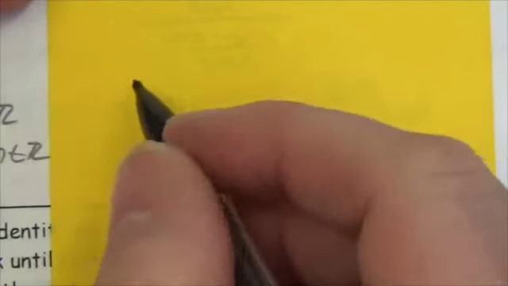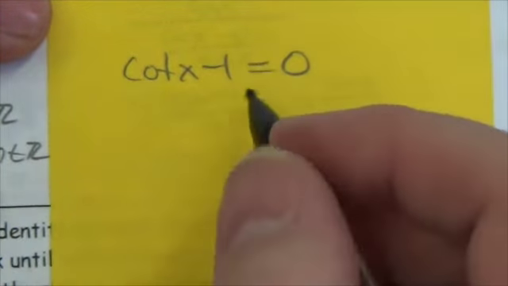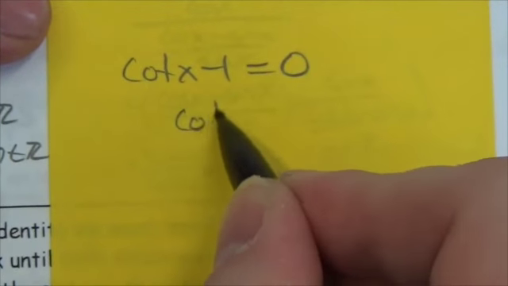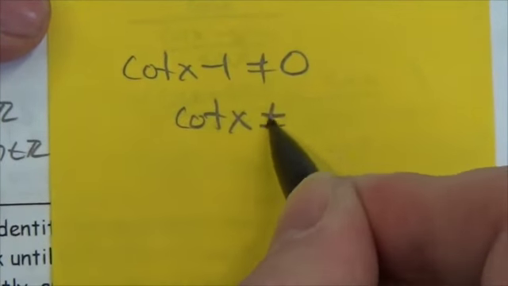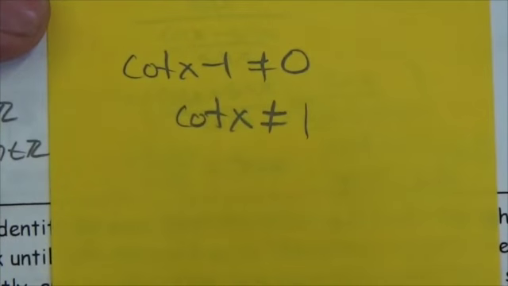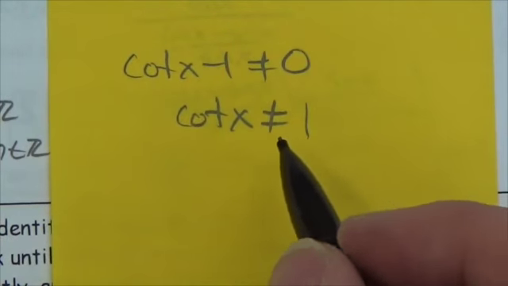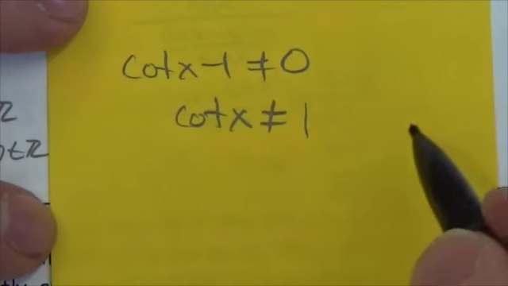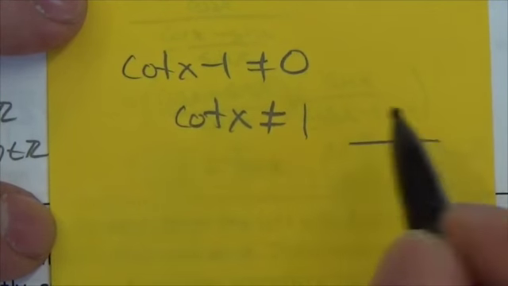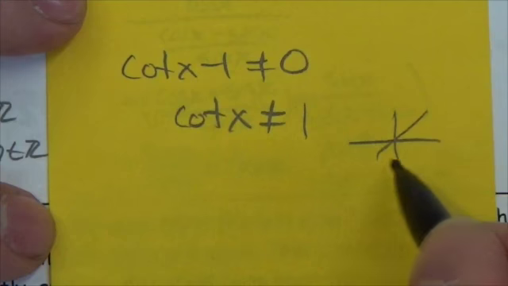Okay, I need to look at the fact that cotangent of x minus 1, this is the denominator, I can't allow that to equal 0 either. So I've got to bring that 1 over. So cotangent of x, I can't allow that to equal positive 1. The nice thing about this is I know that cotangent is going to be positive in quadrants 1 and 3.